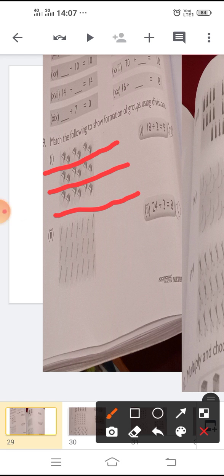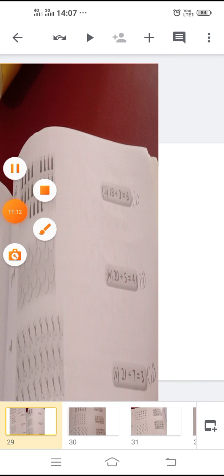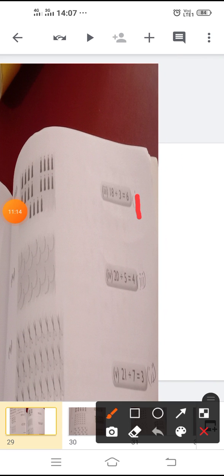In each pair it is 6, and the total is 18. So we will match this with this part. The total number is 18, 18 divided by 3 is equal to 6. So you will write first here.